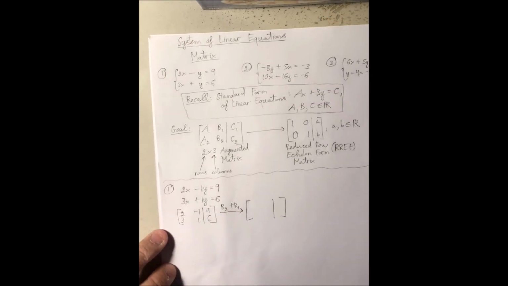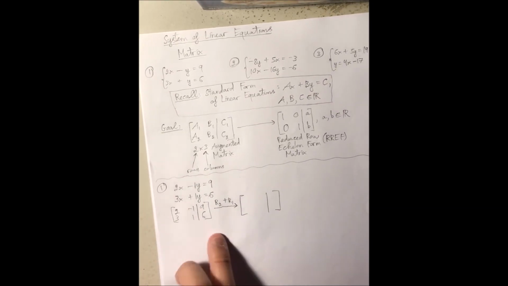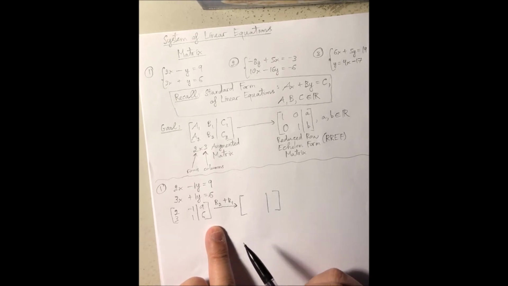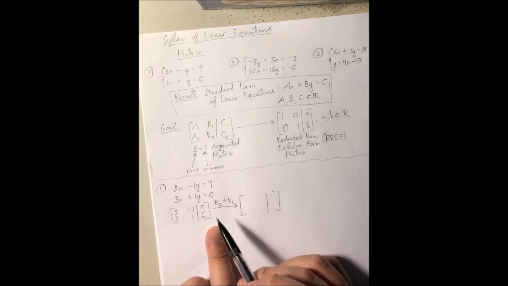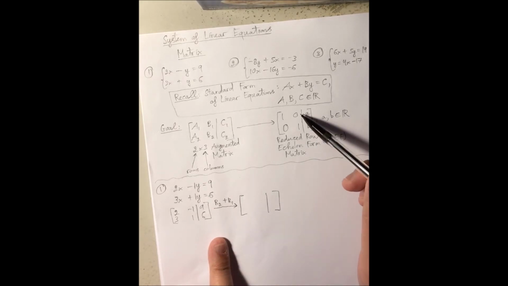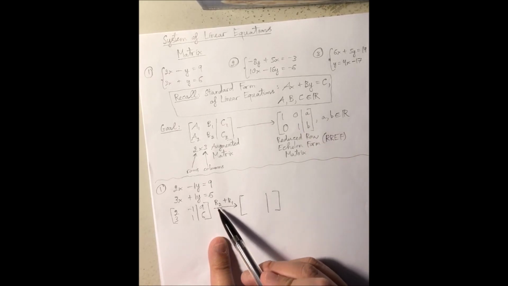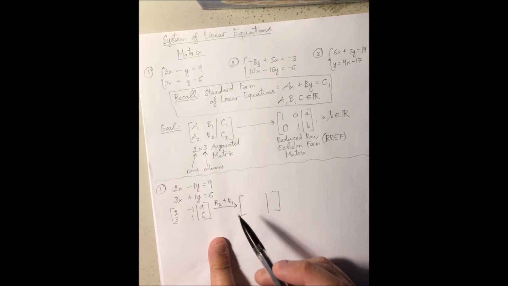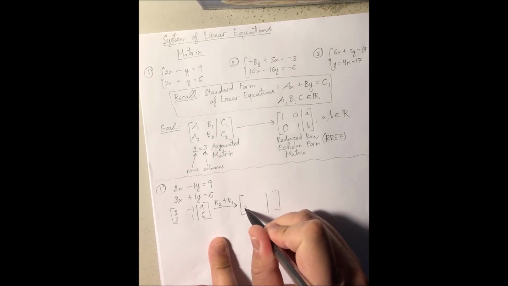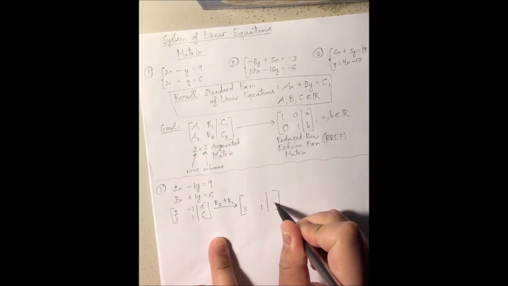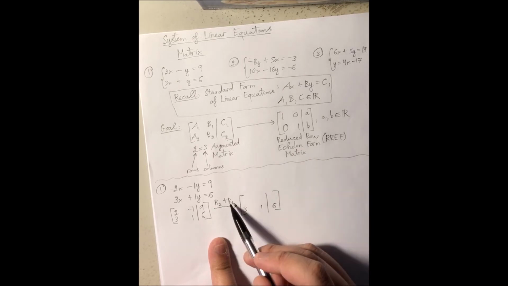So what is the new matrix when I'm doing row addition, row subtraction, or row multiplication to reduce each of these rows down to this format? Well, the row that I'm taking to do the multiplication, which is row number 2 in this step, is going to stay the same. So 3, 1, and 6 remain the same. But the row that is being added will change.